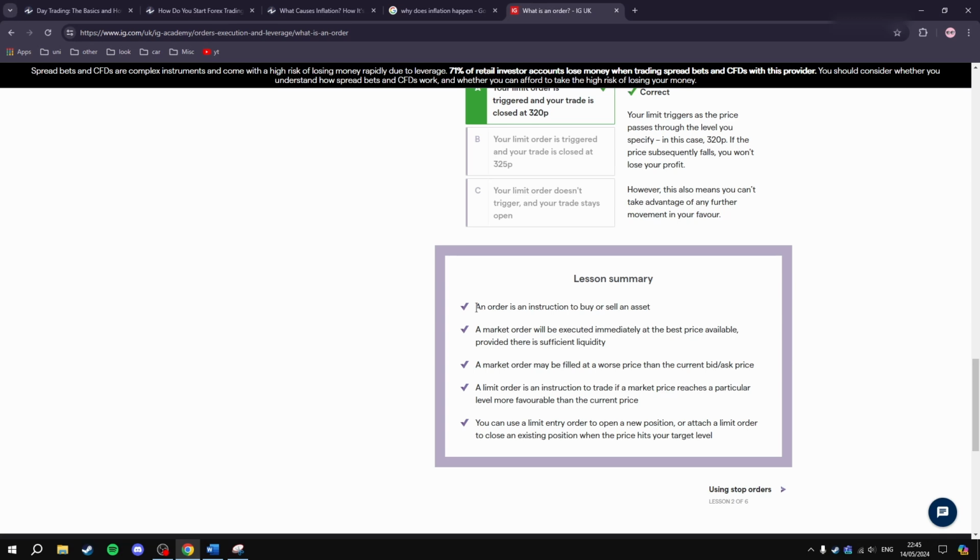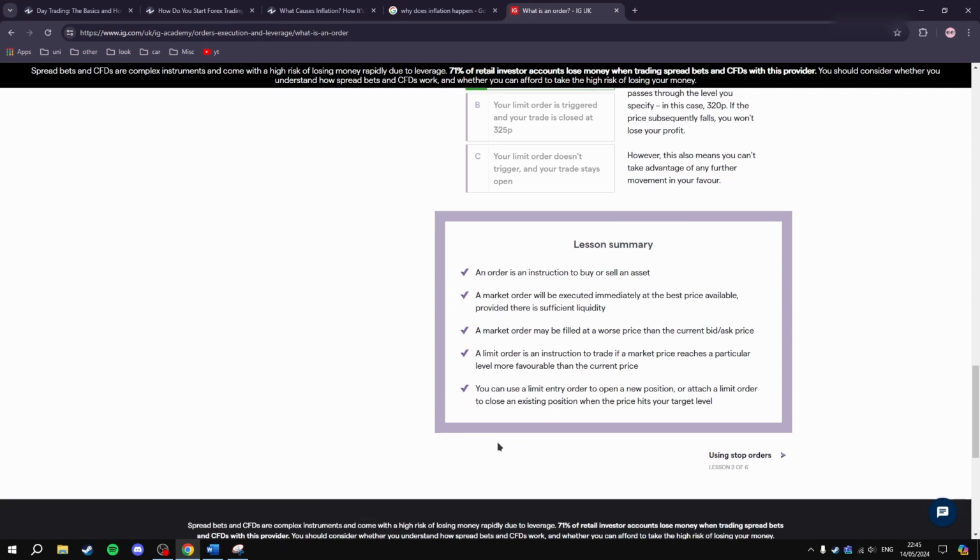A market order may be filled at a worse price than the current bid-ask price. A limit order is an instruction to trade if the market price reaches a particular level more favorable than the current price, and you can use a limit entry order to open new positions or attach a limit order to close an existing position when the price hits your target level.